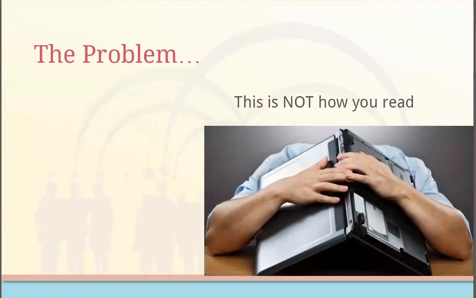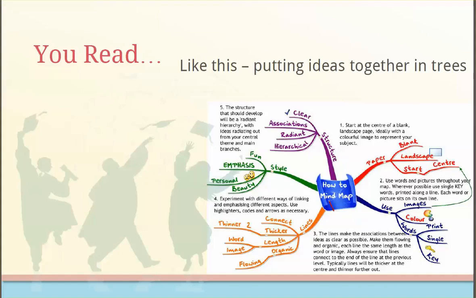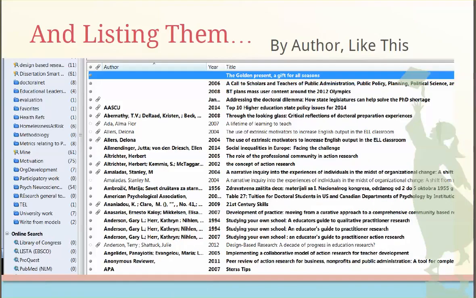Now, what's the problem? Well, the problem is this is not how you read literature. You read literature putting things together, ideas together, much more like a mind map. So you understand one thing, it teases out other different ideas, which might lead you to an entirely different structure.